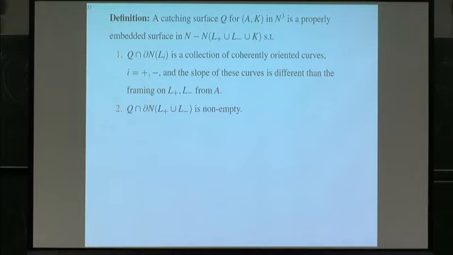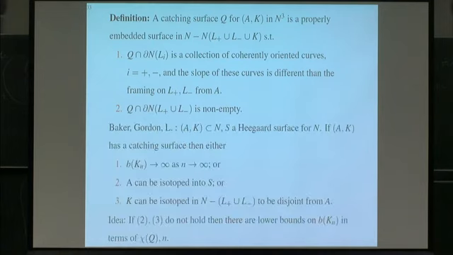So if you orient the surface and you look at the induced orientation of the boundary, all the curves on the boundary are in the same direction. And furthermore, the slopes of the boundary components are different from the slope that the annulus A induces on the boundary. And then I also need to know that it has a non-empty intersection of the boundary of Q in the neighborhood of L plus and L minus. So that's a catching surface.